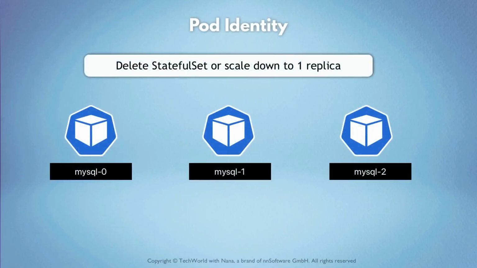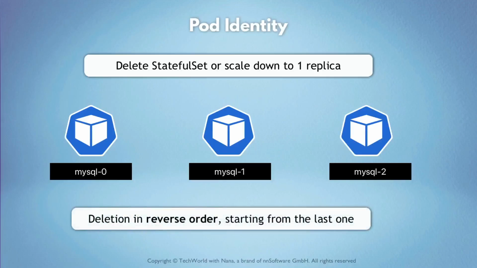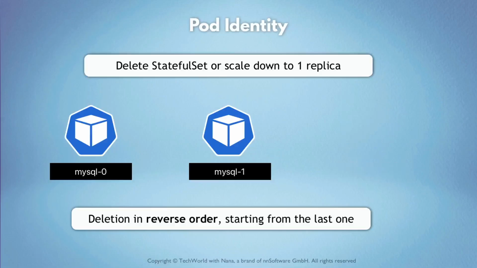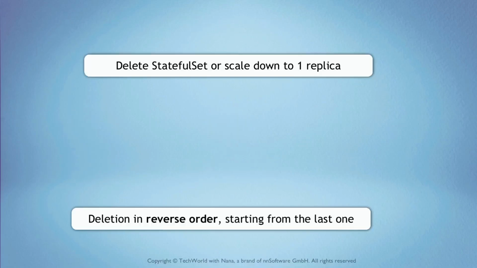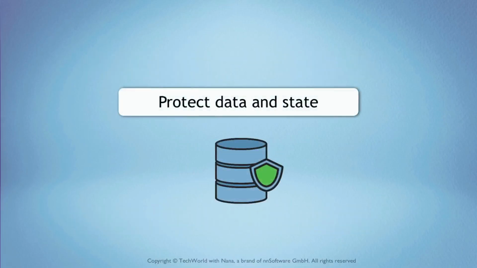So for example, if you deleted the StatefulSet, or if you scaled it down from 3 to 1, the deletion will start from the last pod. So MySQL 2 will get deleted first. It will wait until that pod is successfully deleted, and then it will delete MySQL 1, and then MySQL 0. And again, all these mechanisms are in place in order to protect the data and the state that the stateful application depends on.